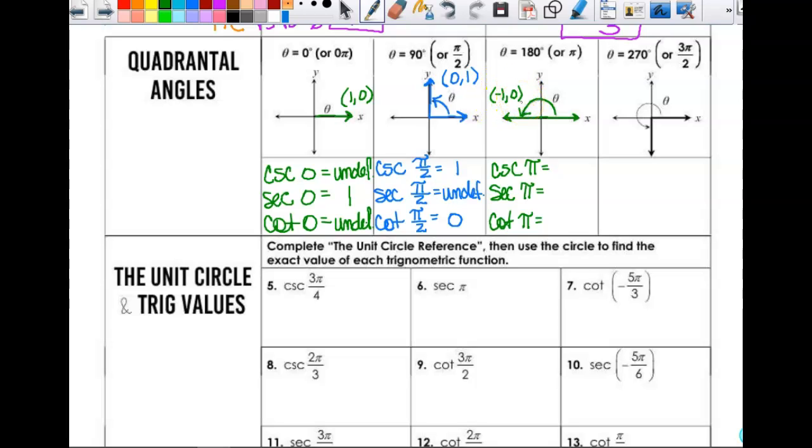The sine of pi is 0, so the cosecant is undefined. I get to secant through cosine. The cosine of pi is -1, and that means the secant is -1.